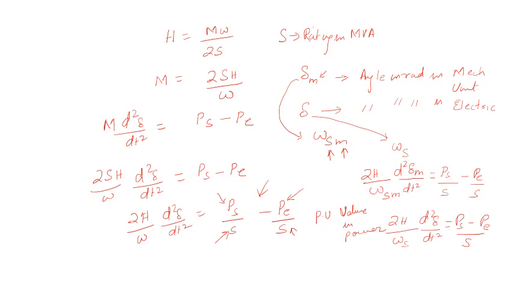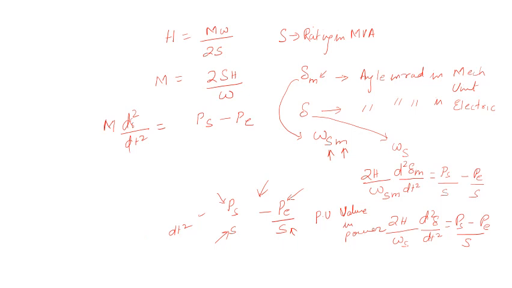Now what has changed here? I have started this with some assumption. This is our equation M d square delta upon dt square, right? Now here I have already told you that M does not seem to be constant, because this swing equation changes with respect to your acceleration.